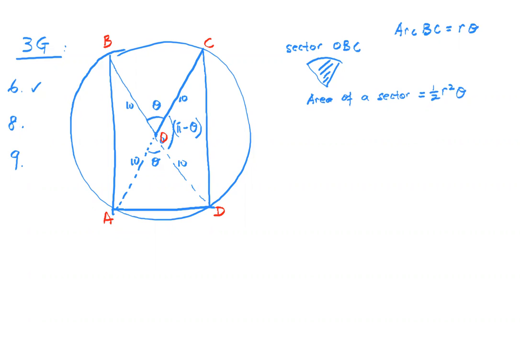And if you look, we have 3 triangles. Triangle BOA, triangle AOD, and triangle COD. All right? And these 2 triangles have the same area. You still remember how to find the area of a triangle?